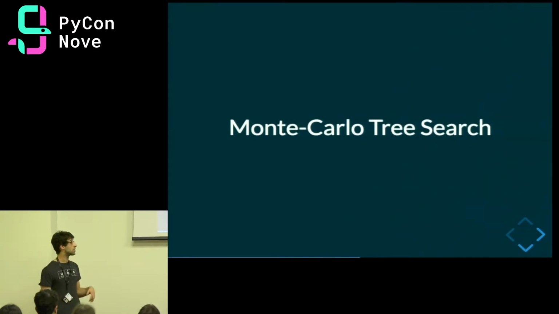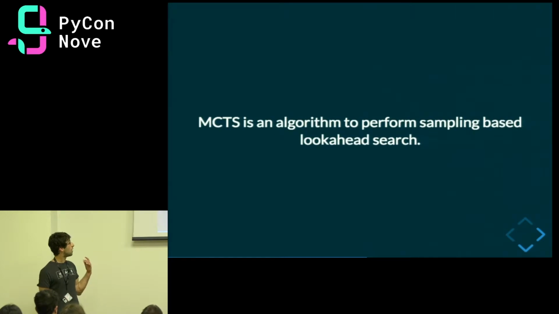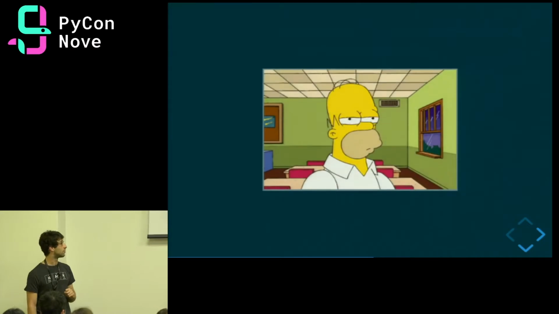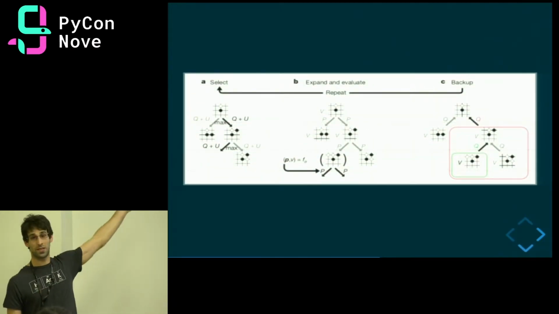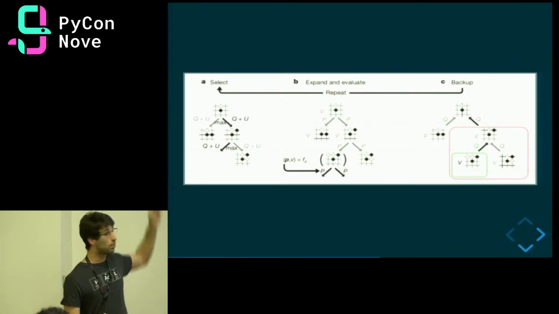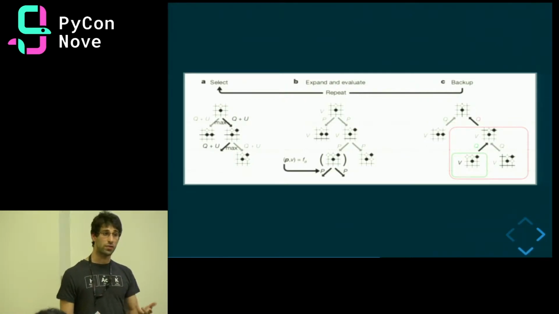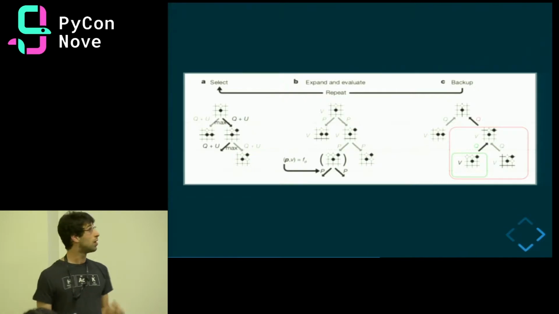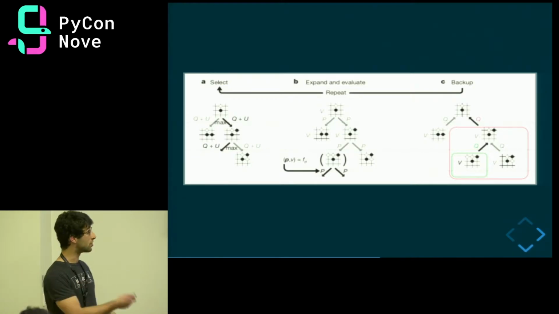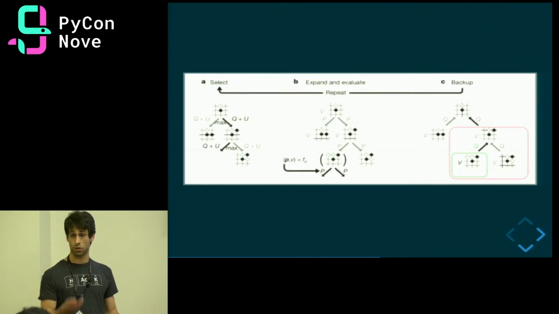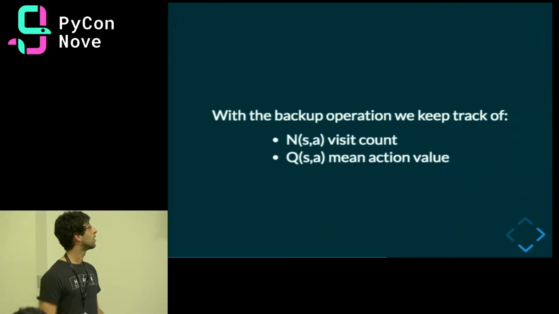What Monte-Carlo research does is a method that allows you to do sampling-based look-ahead search, right? More or less, what it simply does is that you start from a starting state, and then you play with your policy that you have until a terminal state is reached. Once a terminal state is reached, you remember which value you got and where you led, what was your last state, and you start backing up the values that in the tree have been relevant for you to reach that final state.